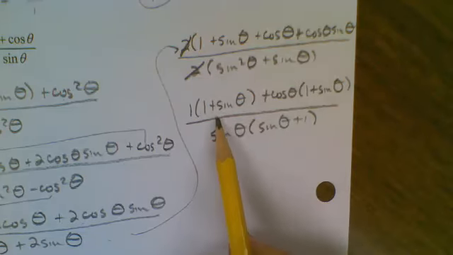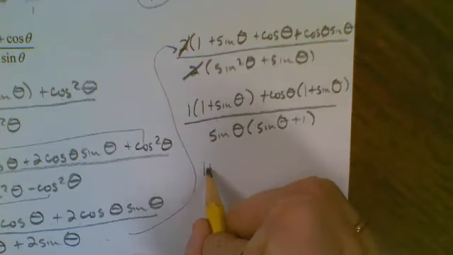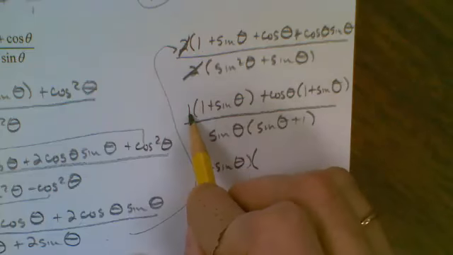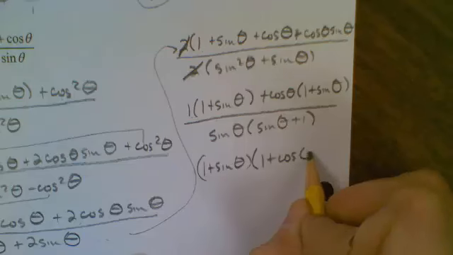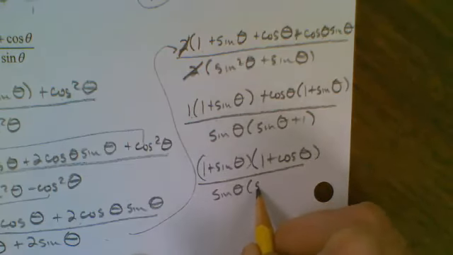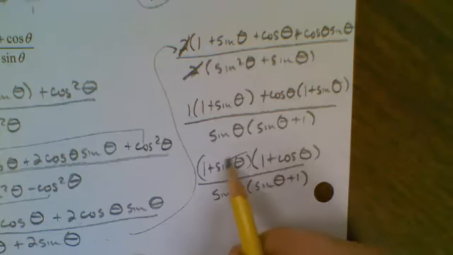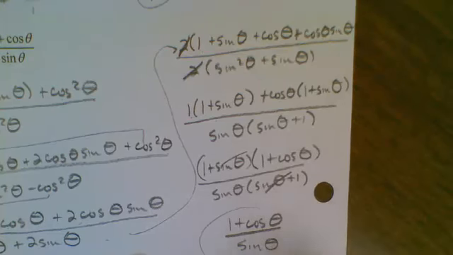Now, in the numerator, I have 2 terms. They have a 1 plus sine in common, so it really factors into 1 plus sine. And what's left would be a 1 in this term and a plus cosine in that term. All over sine times sine plus 1. All right, now I see that the 1 plus sines cancel, and I'm left with 1 plus cosine all over sine. And that's where I wanted to get to.